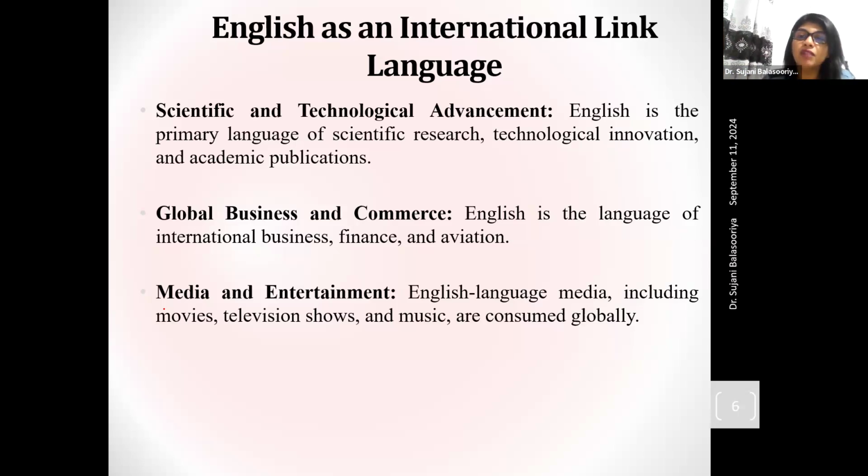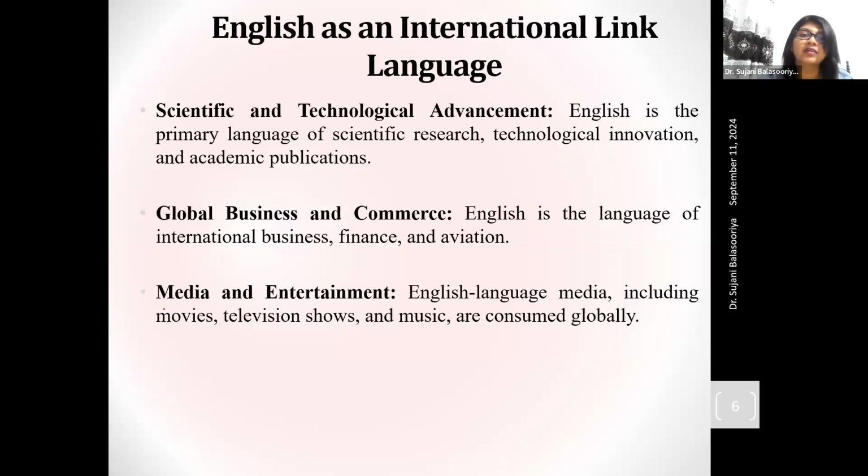But then what is the medium? Basically, that is English, right? Even if you write your research paper in your native language, in order to publish it, you need to write it in English. Why is that?